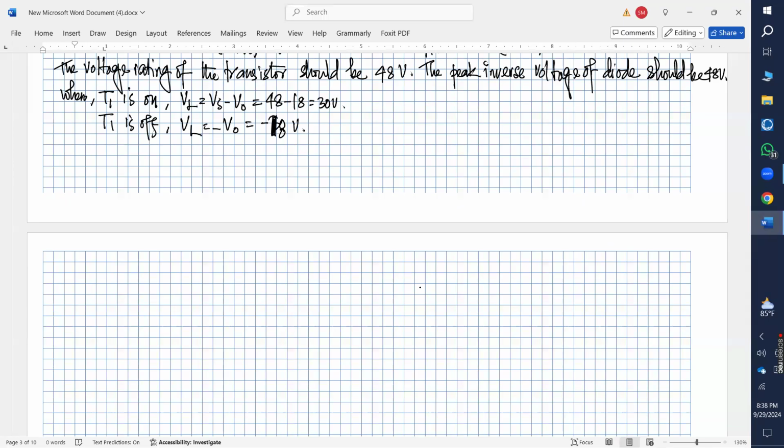So what should be the maximum voltage that the inductor should withstand? 30 volt. So the rating of the inductor should be 30 volt. Is there any confusion about that?